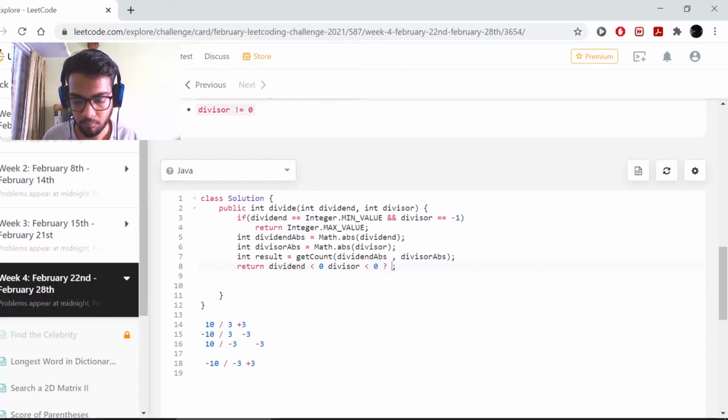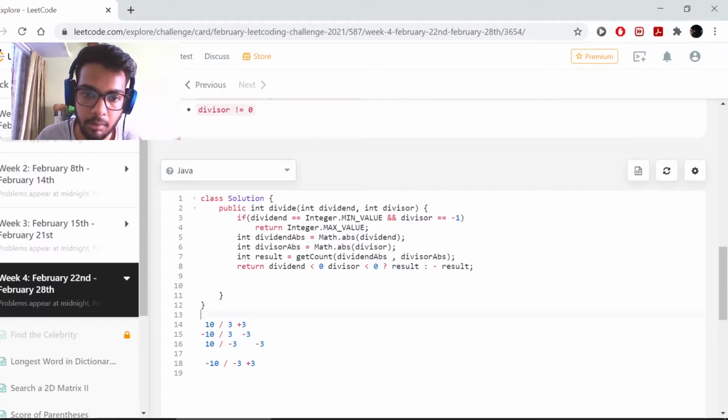If so, we need to return result. Otherwise, we need to return negative of this result. I'll let you know why. If 10 and 3 both are negative, this happens, we need to return the result, which is plus 3.